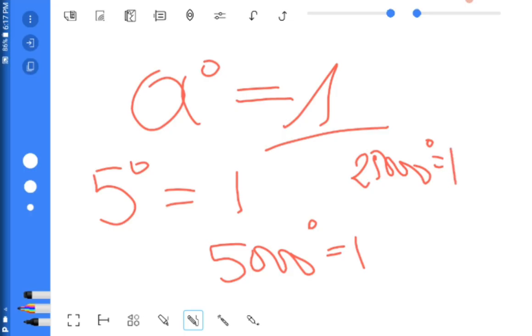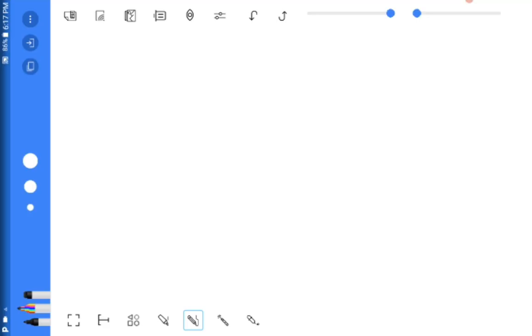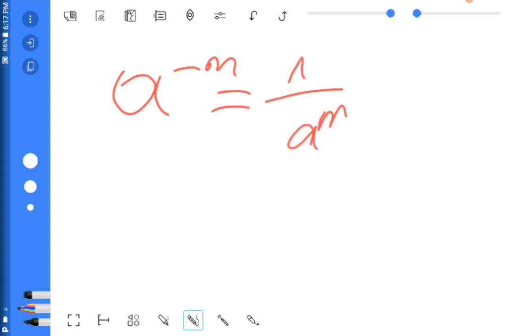That is the 0th power. Now, the negative power states that a to the power of negative m is equal to, take note here, 1 over a to the power m. So the negative power takes a reciprocal.